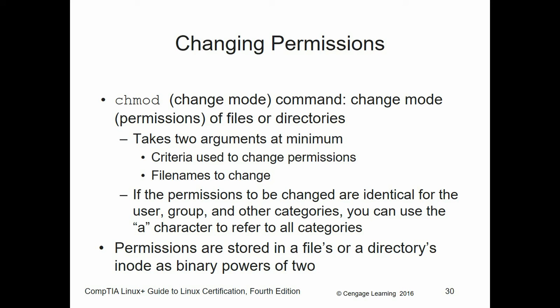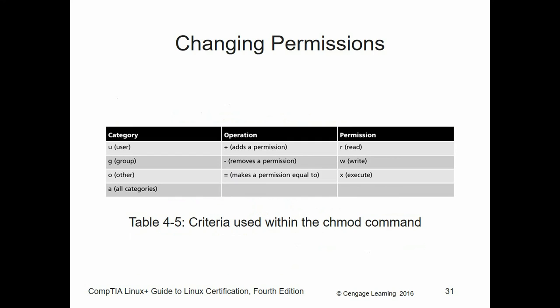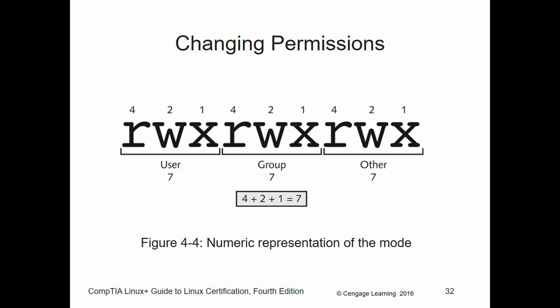If the permissions to be changed are identical for the user, group, or other categories, you can use the a character to refer to all. Permissions are stored in an inode of files or directories as a binary power of 2. And this is, as you can see, the permissions.